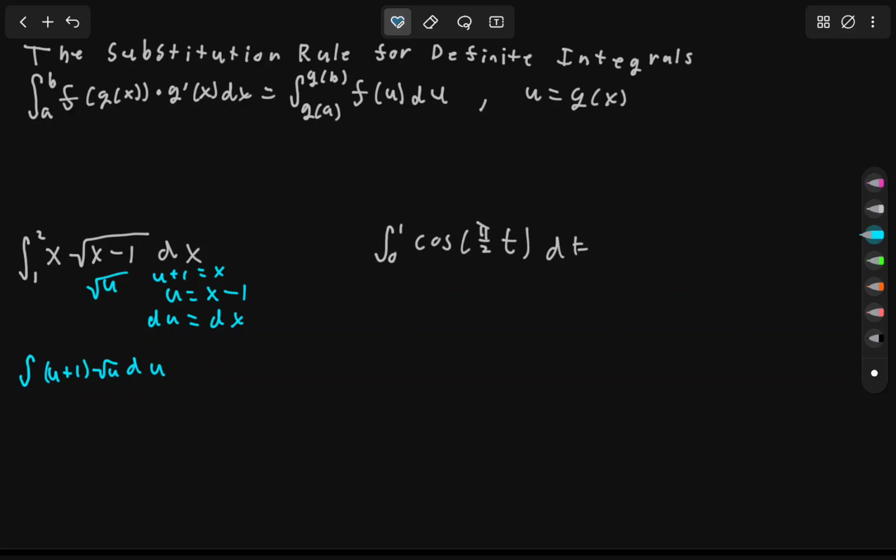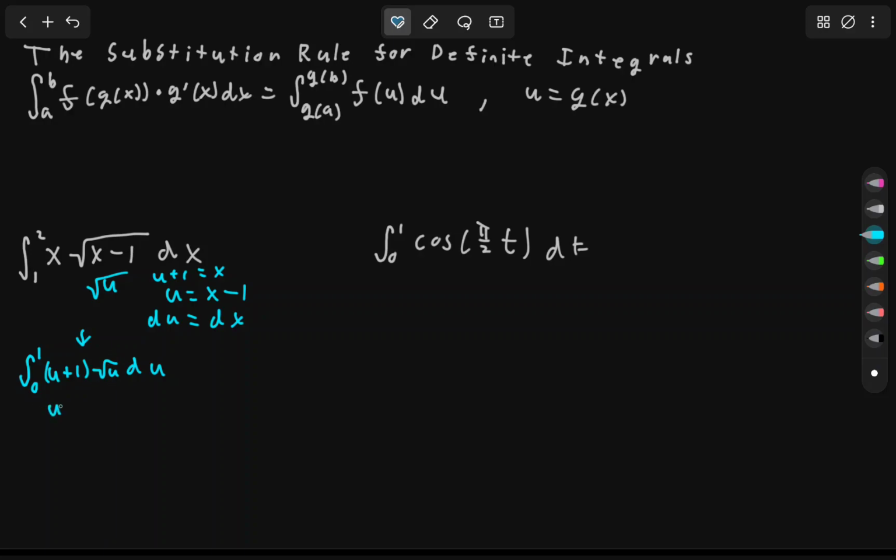Let's find out what the bounds are. If we plug in the x value of 1, which is the lower bound, we get u of 0. And if we plug in 2, which is our upper bound, we get 1. Now we have to make this integral into a simpler form, and we can do that just by multiplying out the square root of u.